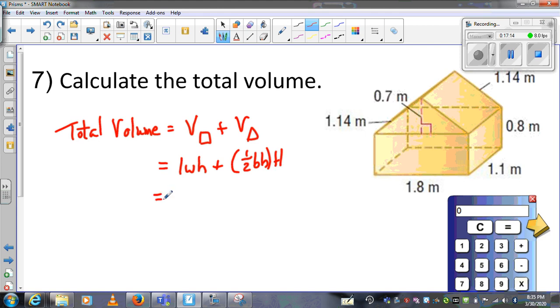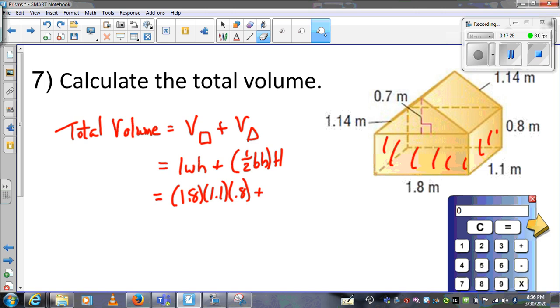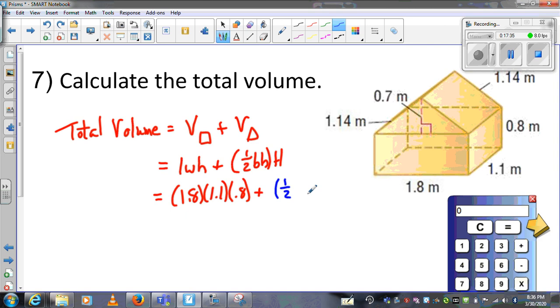Okay, let's deal with the bottom first. Length times width times height. Well, that looks pretty straightforward. That one not so bad. All right, the triangular prism, which to me is the hardest one, you're going to do 1/2 times the base. So here we have our triangle.